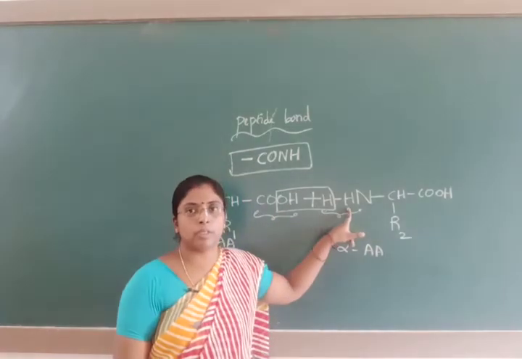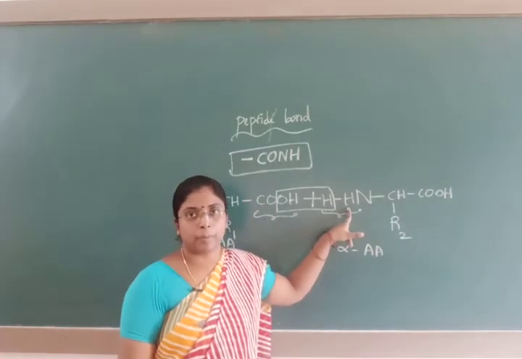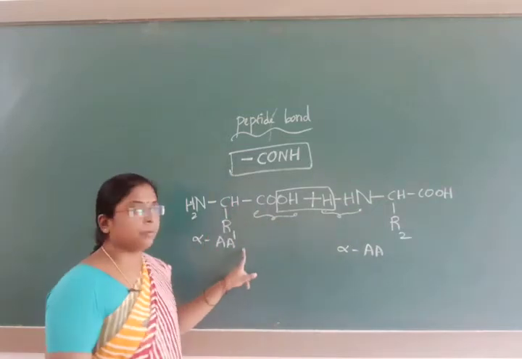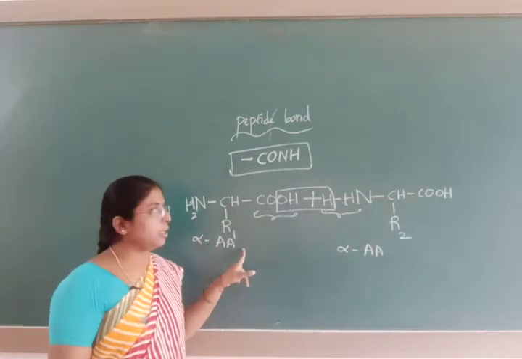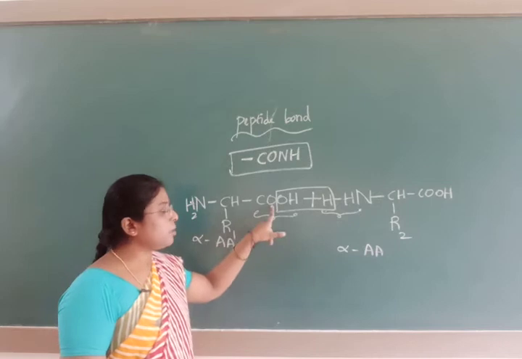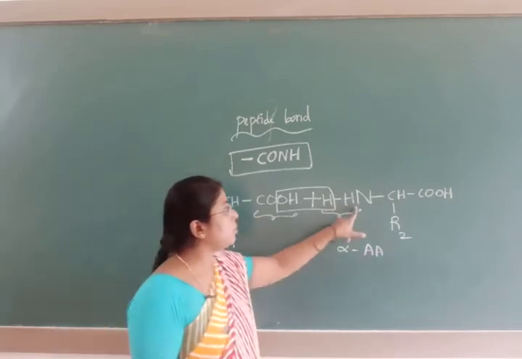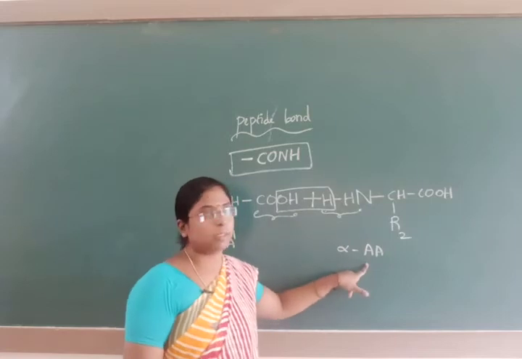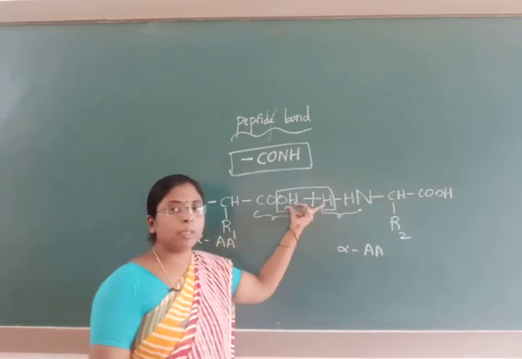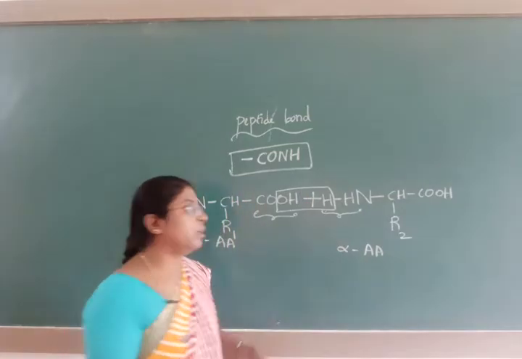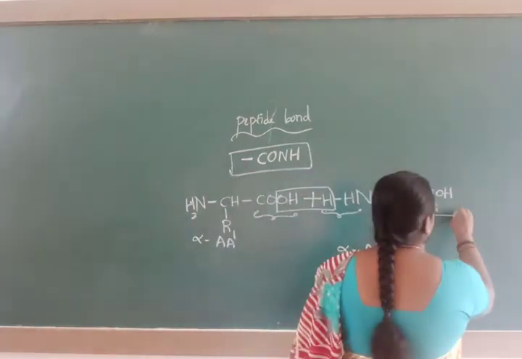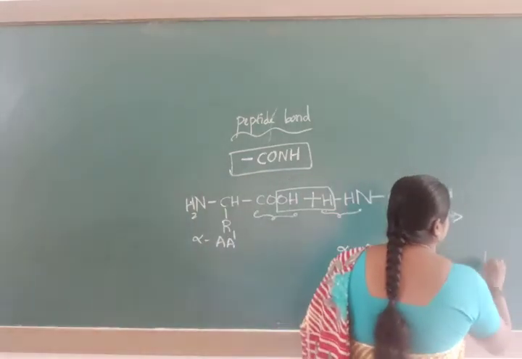This bond is known as peptide bond. Peptide bond is formed by the reaction of the carboxylic group of one amino acid with the amino group of another amino acid with the elimination of a water molecule. The compound obtained is known as a peptide.